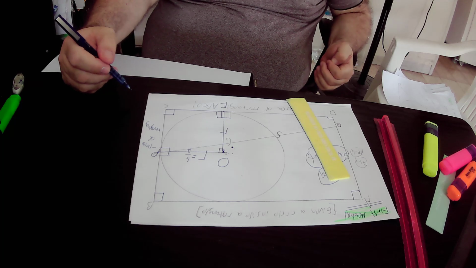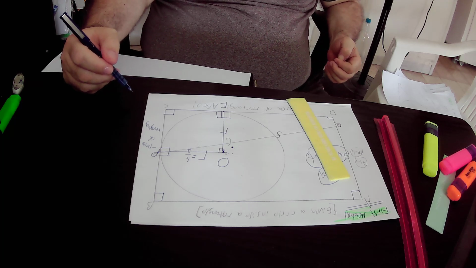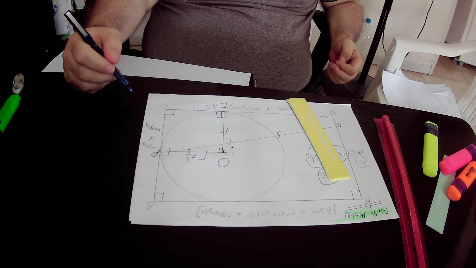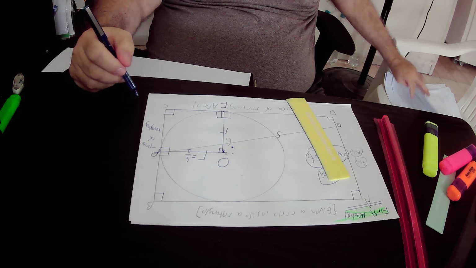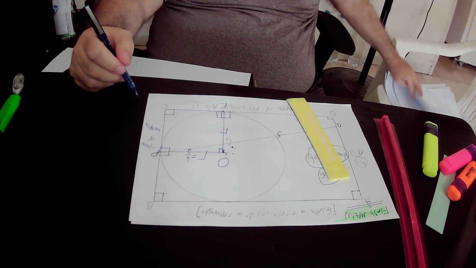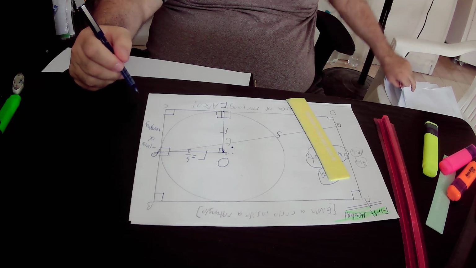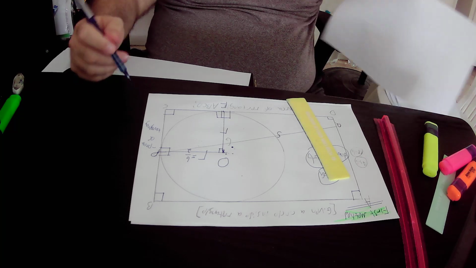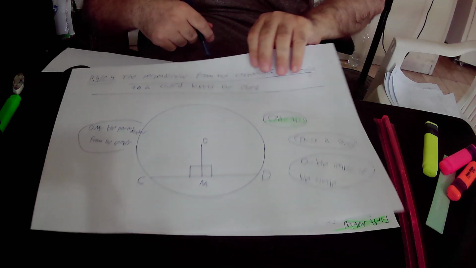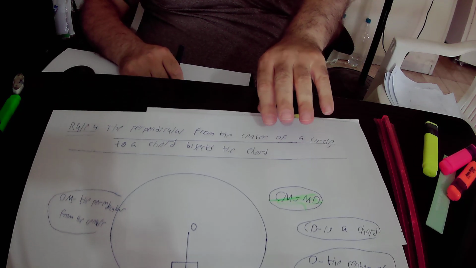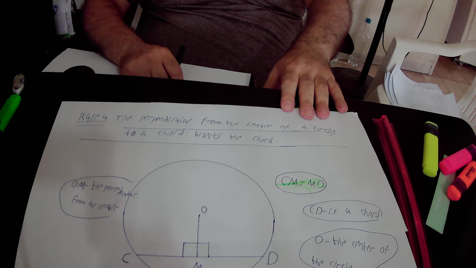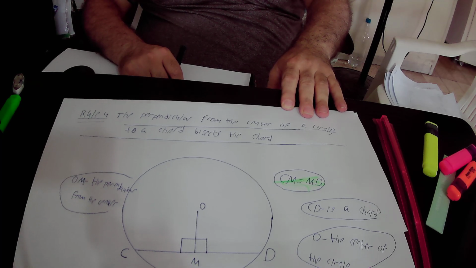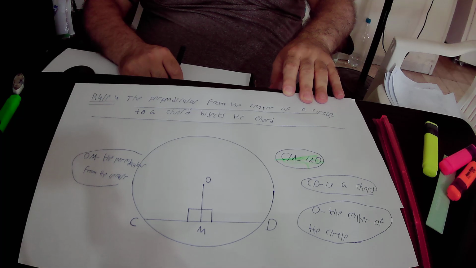And here we have rule number 4. According to rule number 4, the perpendicular from the center of a circle to a chord bisects the chord.